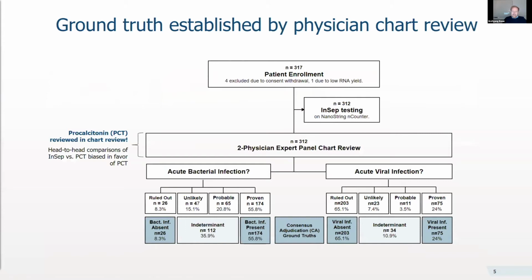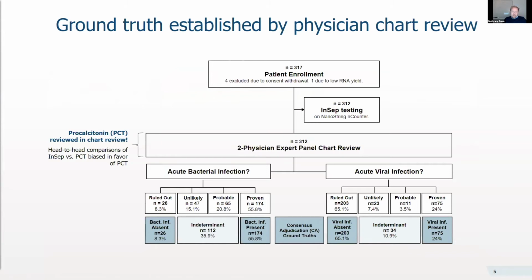To analyze the patient's outcome and to decide whether an infection is present or not, we performed a chart review, including all available clinical findings, like X-ray results, blood tests, microbiological findings, and of course, the complete progress of disease, including a 30 and a 90-day follow-up.